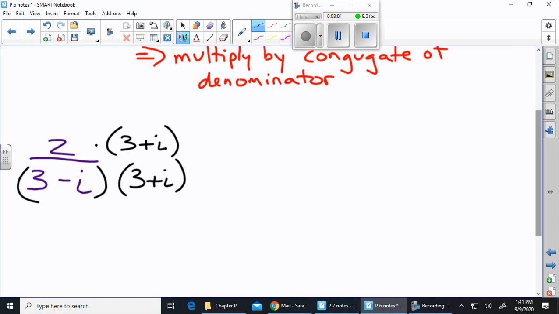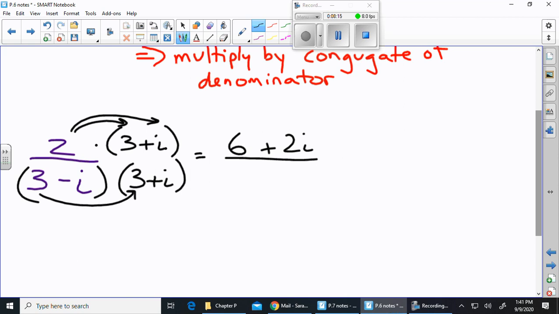Now, on the top, you're just distributing. 2 times 3, 2 times i. On the bottom, you got a binomial times a binomial. So you got to think 3 times 3, 9. Now, again, if you remember anything about the conjugate, when you multiply something times its conjugate, the middle terms cancel out.